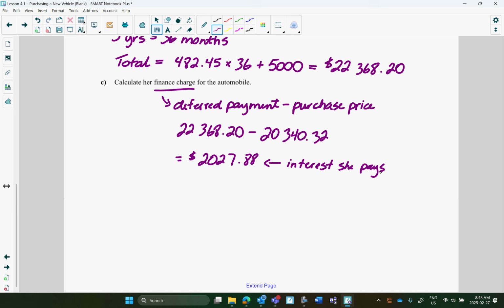This is how much the vehicle costs, and this is how much she had to pay in total in terms of a down payment and taking a loan. So the difference between those two must be the interest that was charged to her. So it basically cost her an additional $2,000 for 3 years to finance this vehicle, or to take a loan on this vehicle.